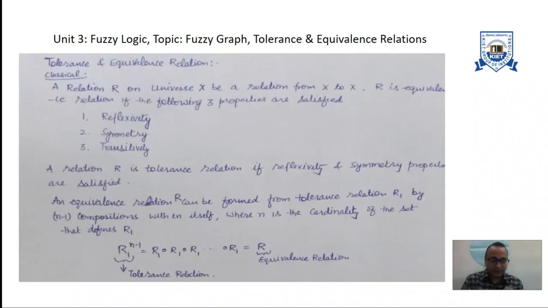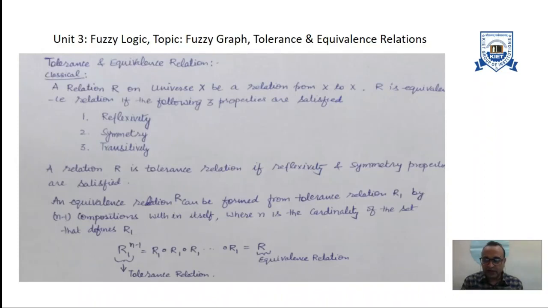So here I'm saying, in bookish words, an equivalence relation R can be achieved from tolerance relation R1 by doing composition operation n minus 1 times within itself, where n is the cardinality of the set that defines R1, right? So we have a relation R1, which is the tolerance relation.